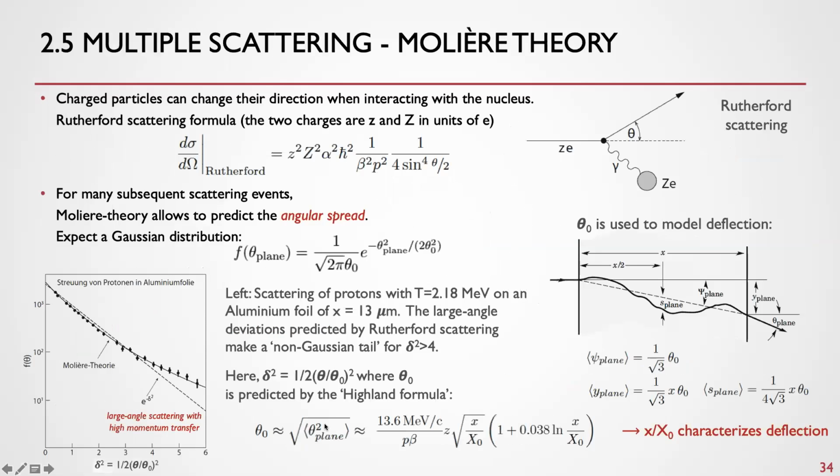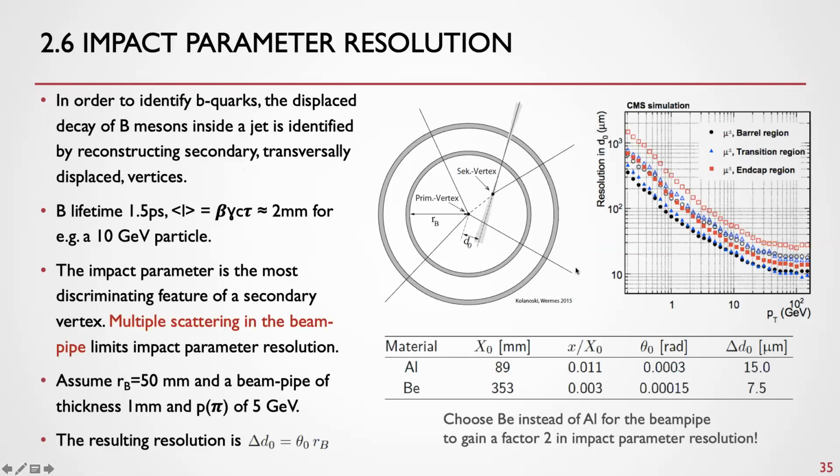So we think of our pion going through a 1 millimeter beam pipe in a distance of 50 millimeter from the center. And so the impact parameter resolution is to good accuracy given by the angular spread from this Molière multiple scattering in the beam pipe times the distance to the beam pipe.